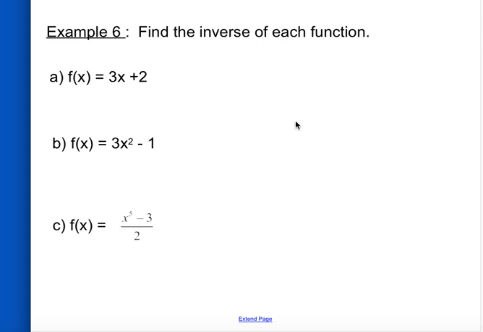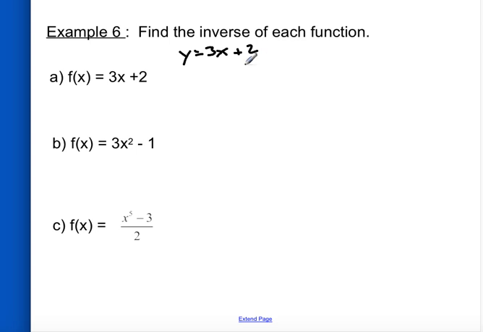Now let's go ahead and find the inverse of each function. The steps here are: you want to rewrite this as a y equals statement. So let's do that. This becomes y equals 3x plus 2. Then we can simply solve for x.